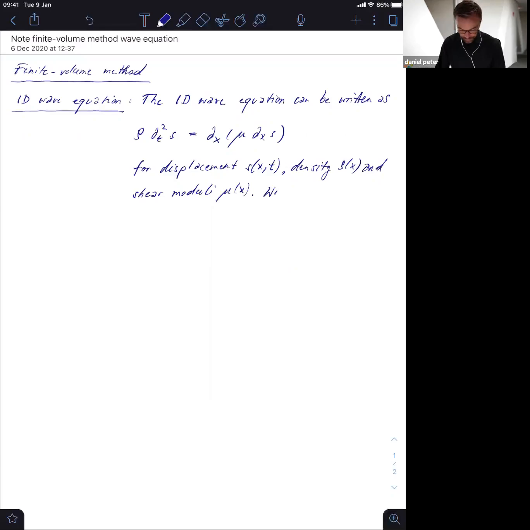We will set an initial condition, where we just start from an initial displacement. The displacement at time 0 is going to be some function of position. That's just the initial condition.